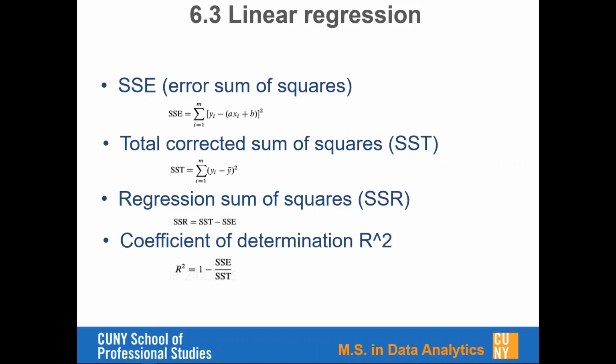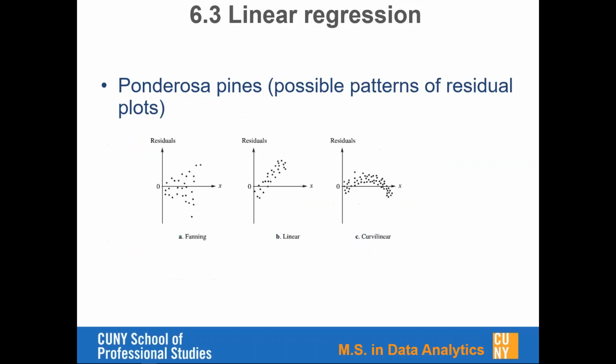And the coefficient of determination R squared is 1 minus SSE divided by SST.